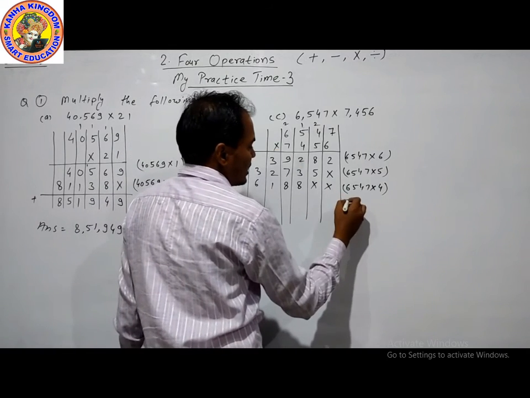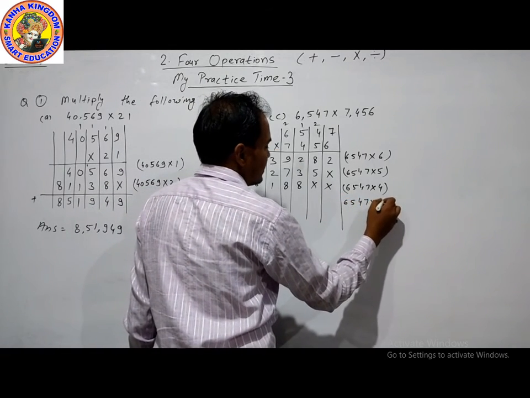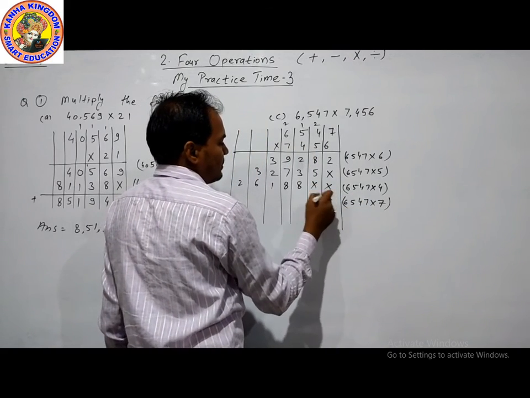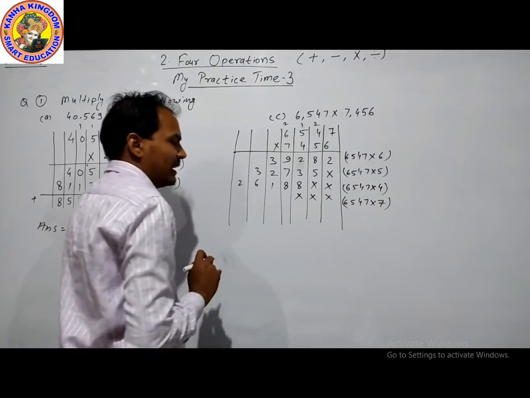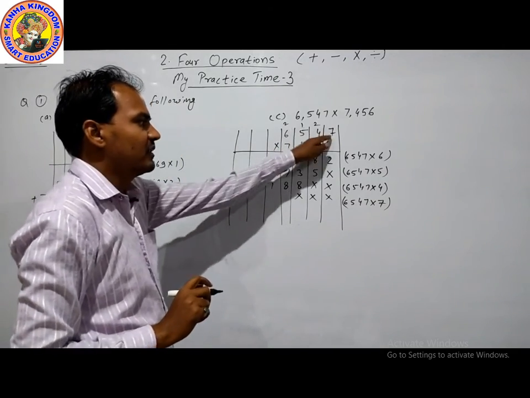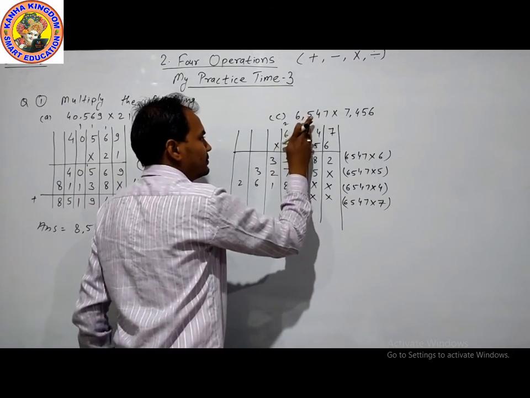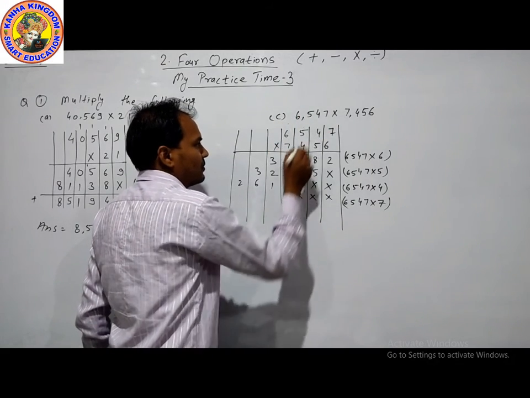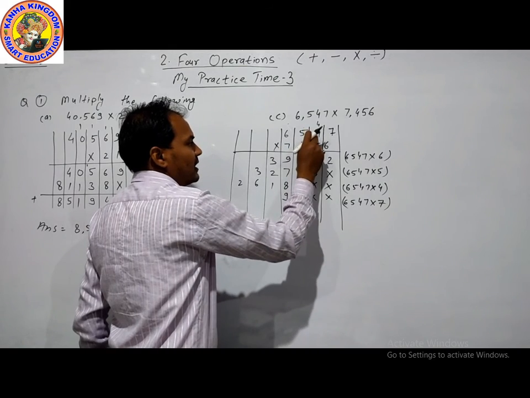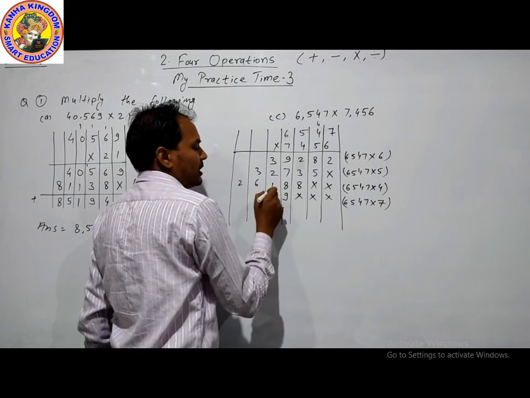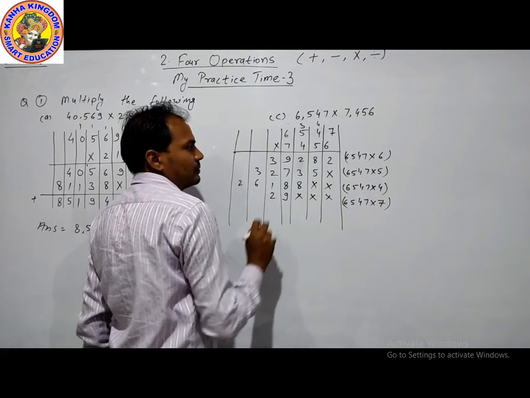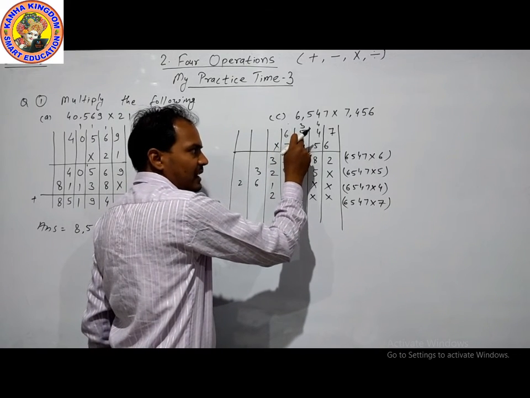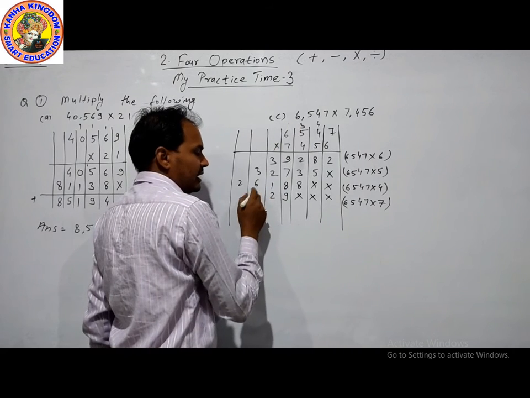Now in the fourth step we will multiply by 7. We will leave blank spaces for the first three digits. Now 7 into 7, 49. 7 into 4, 28 plus 4, 32. 7 into 5, 35 plus 3, 38.